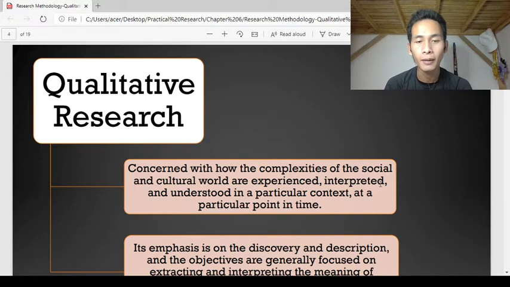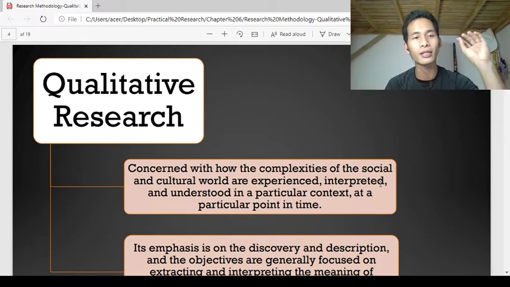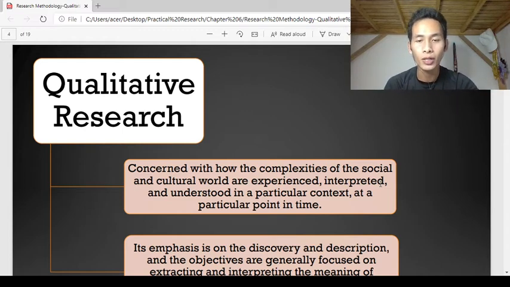The way of life of your respondents, and then you are going to experience it, diba, as a researcher? What I mean is that in qualitative research, the researcher must go, diba? It is advisable that the researcher must go to the setting of the research, and then personally experience, diba, their culture, their way of living, and then from your experiences, as a researcher, you will draw your interpretation and understanding in a particular context and in a particular time.